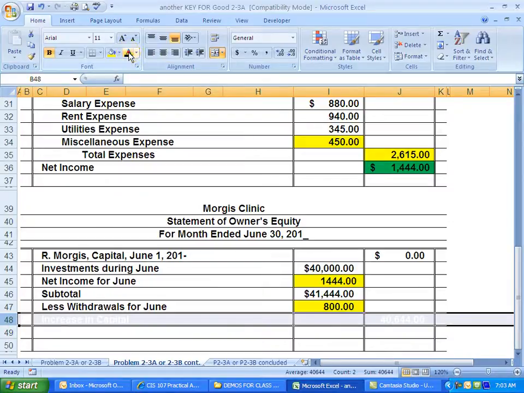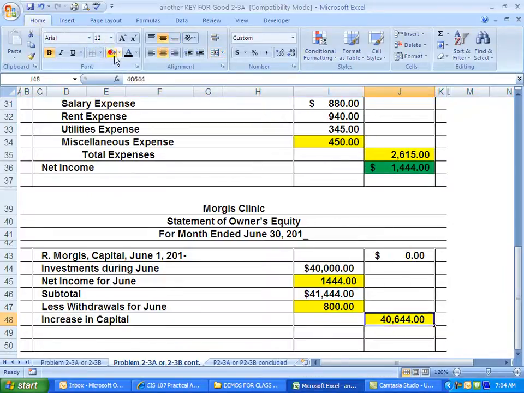And this is going to show how much our capital increased during the month. When we take our investments and our net income and our drawing and combine those all, we've actually gone up $4,644. Which means if we add these two together, we need a single line underneath here.